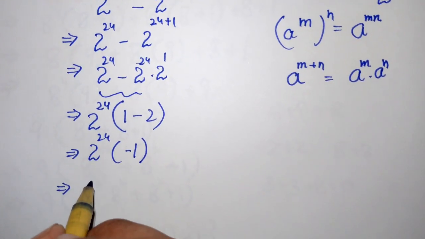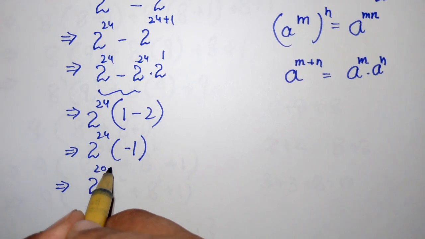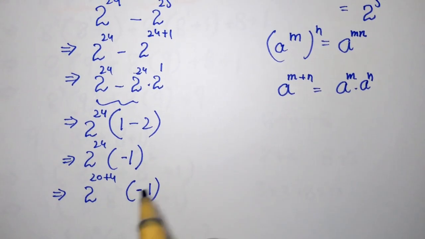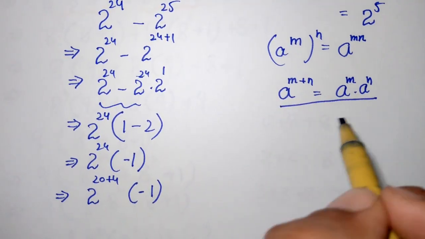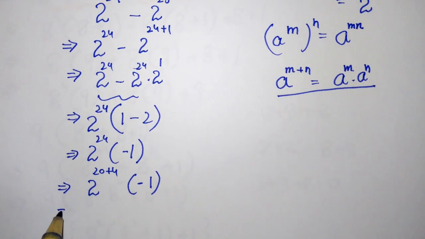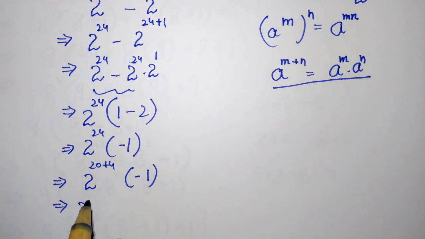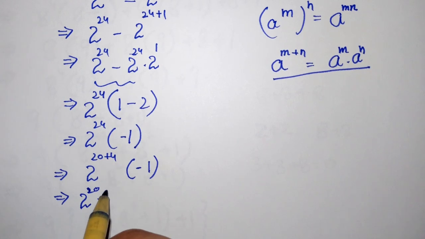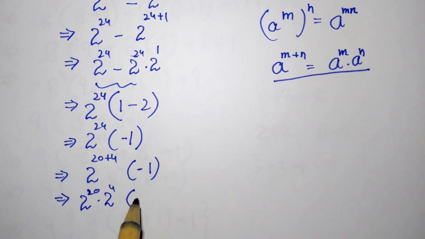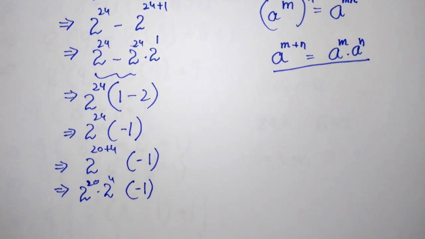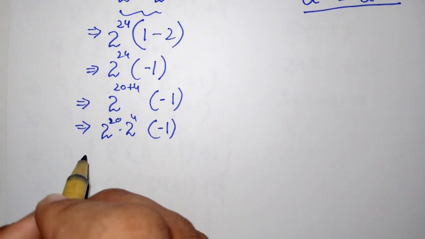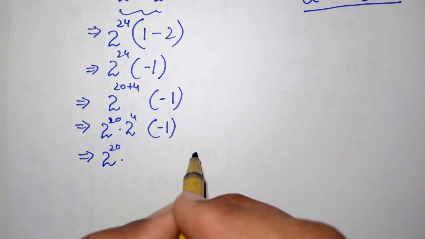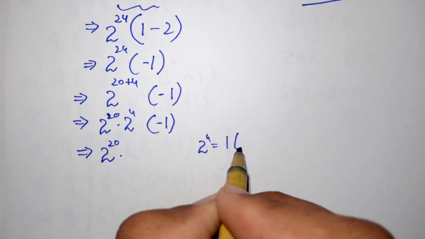2 to the power of 24 can be written as 2 to the power of 20 plus 4, times minus 1. We apply this identity here, so this will become 2 to the power of 20 times 2 to the power of 4, times minus 1. 2 to the power of 4 is equal to 16.